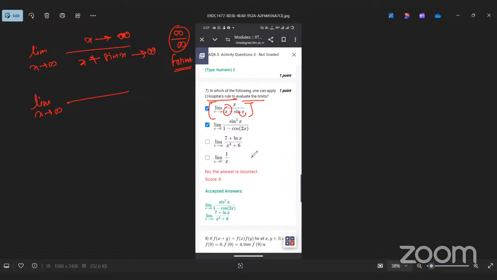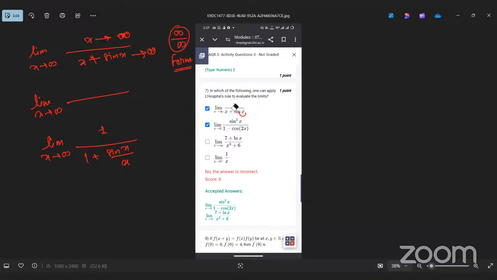We can take x plus sin x divided by x, so limit x goes to infinity, 1 upon 1 plus sin x by x. In either case we can apply it, but in this case we can apply L'Hospital rule, right?